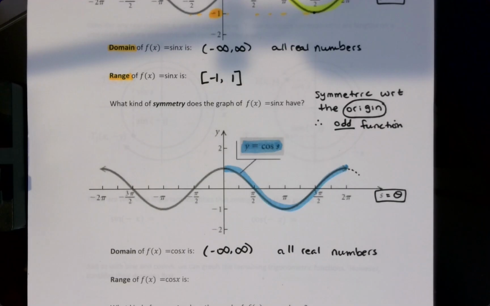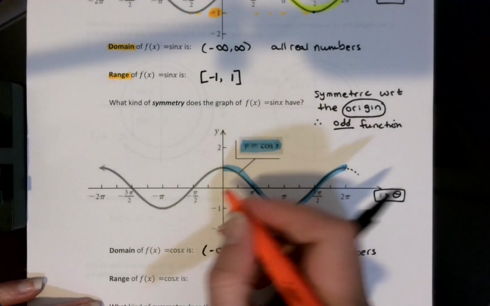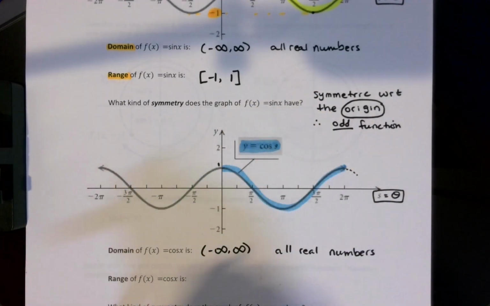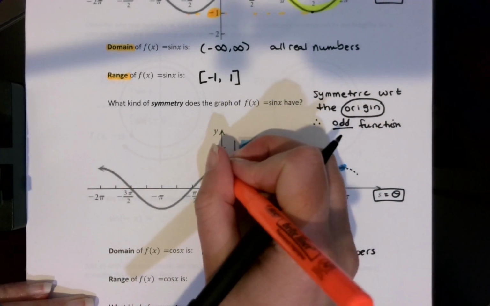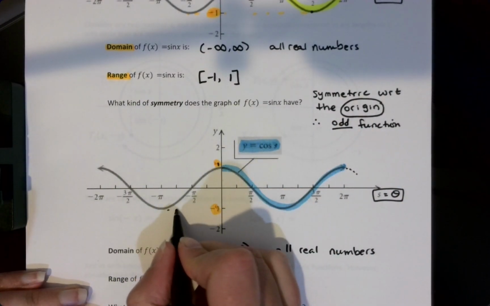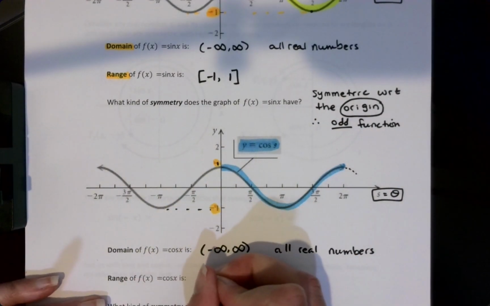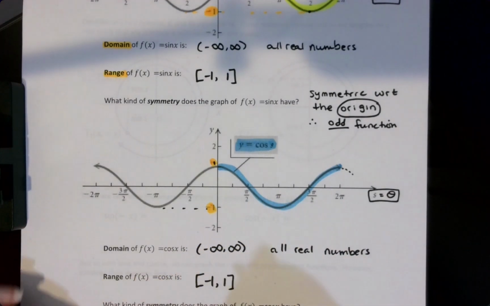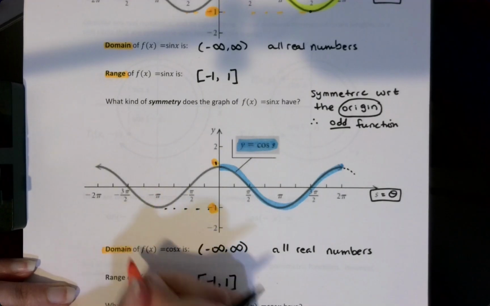And once again, the range of cosine is going to have a maximum height of 1. The 1 label got covered up by the graph, it looks like. And it's going to have a minimum height down here of -1. So minimum -1 to, again, maximum of 1 for our domain and our range.